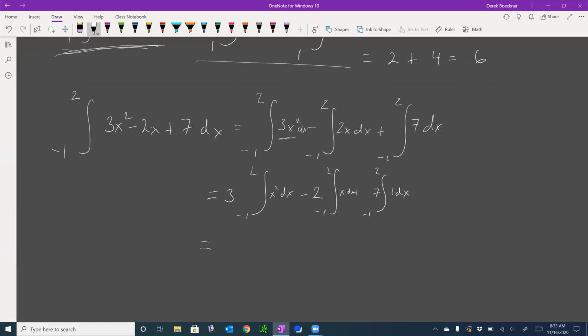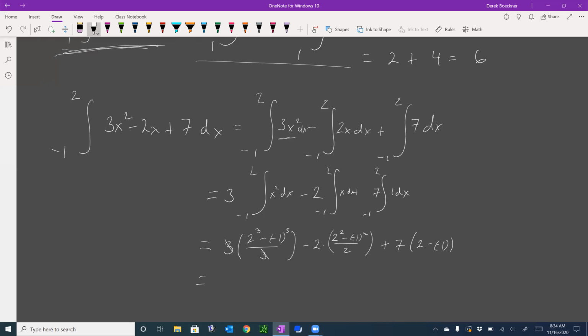So now I've got 3 times 2 cubed minus 1 cubed over 3, minus 2 times 2 squared minus 1 squared over 2, plus 7 times 2 minus 1. So the 3's cancel, that's nice.